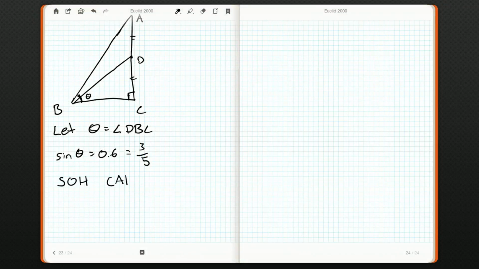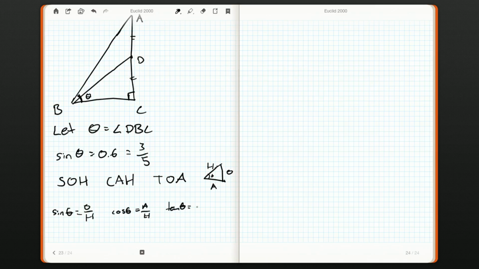For those of you who haven't seen it or need it recalled, Sohcahtoa: opposite, adjacent, hypotenuse. Sine theta is opposite over hypotenuse. Cos theta is adjacent over hypotenuse. And tan theta equals opposite over adjacent.